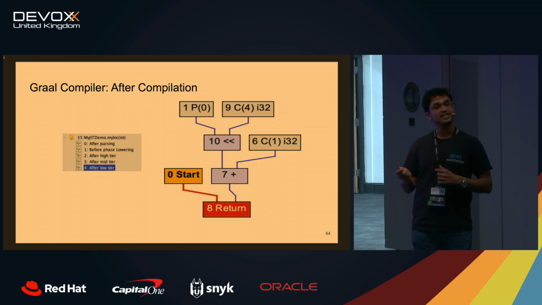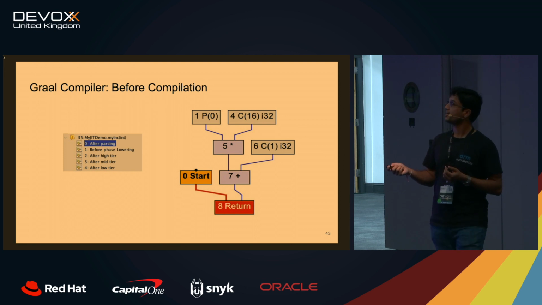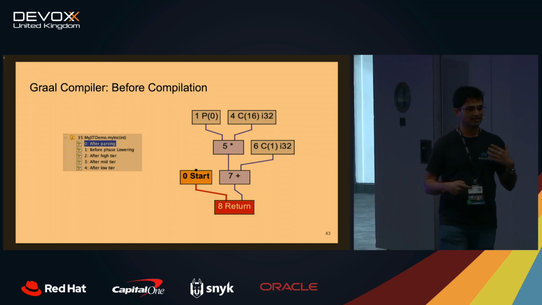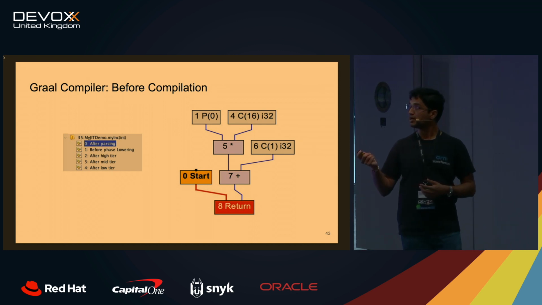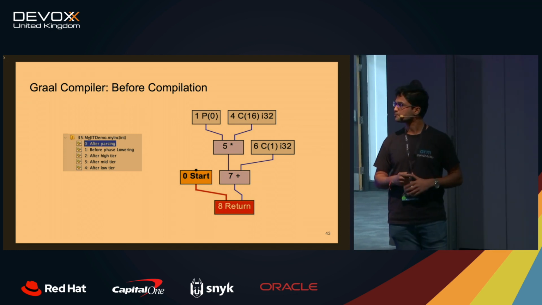And while generating the graph itself, we got the code for my mult as well. So Graal does aggressive inlining. It has inlined my mult right over here, while parsing itself.